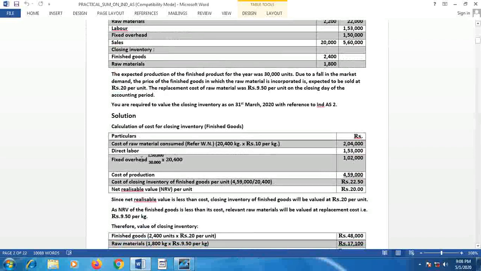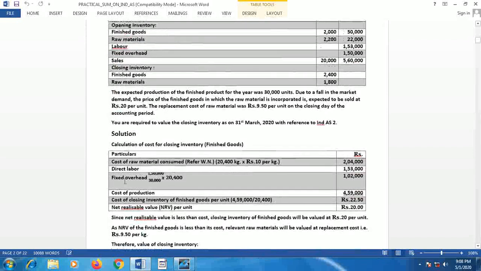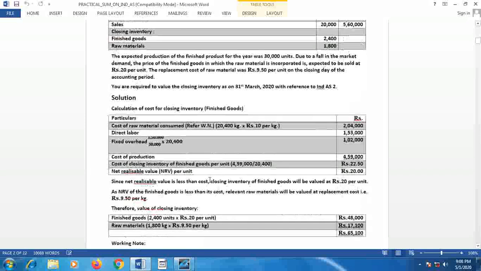The other details as per the explanation: direct labor is given as 1,53,000. Then fixed overhead is given as 1,50,000. It is said in the problem that finished products expected is 30,000 units, but in the current year 20,400 units of raw materials are used.